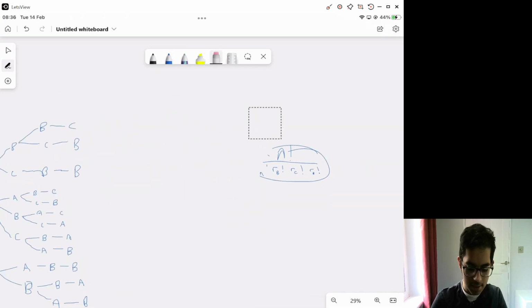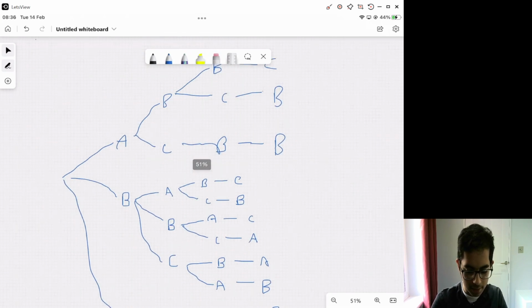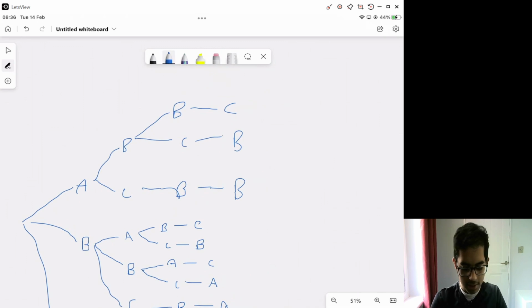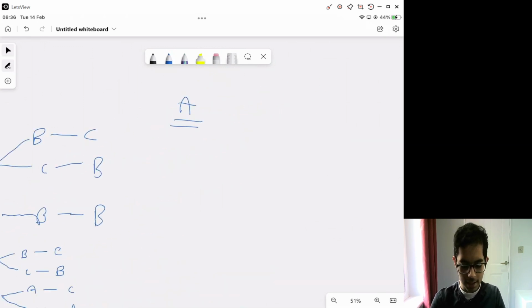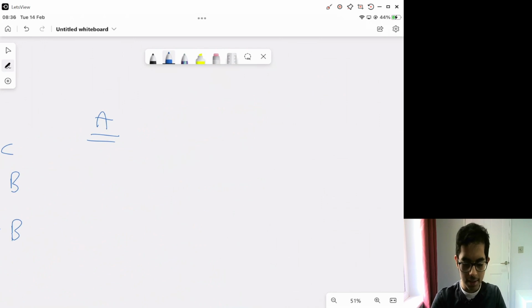But now, since we want to print the nth one in order, we need to figure out how many combinations there would be starting with A. So if we consider this, the first character is fixed, it has to be an A. So then our choice basically goes to all the other characters.